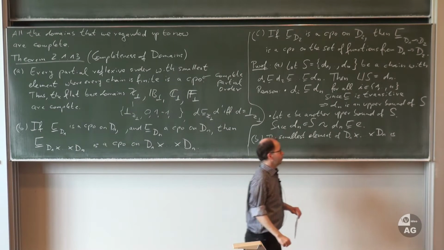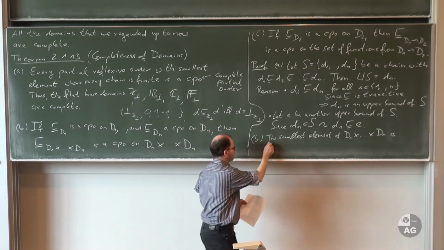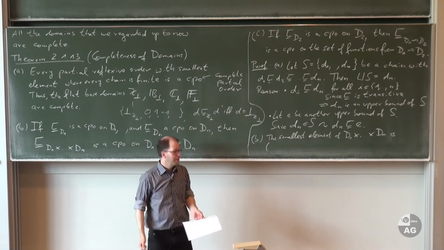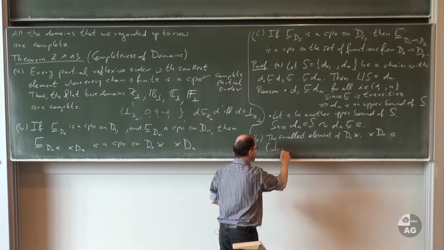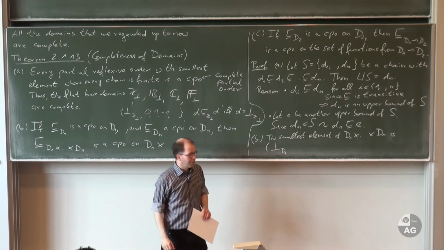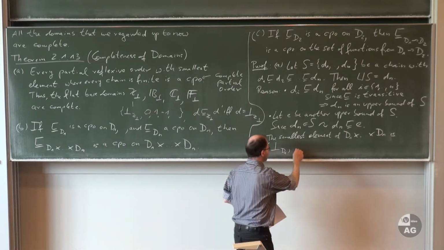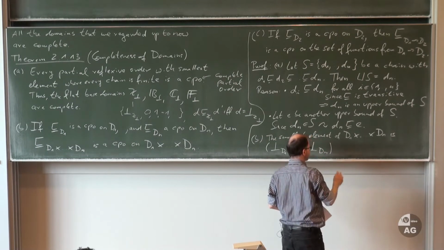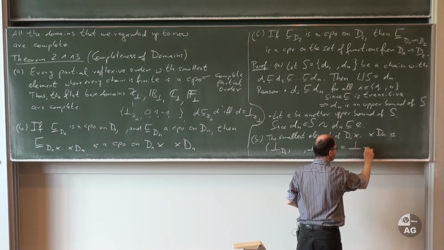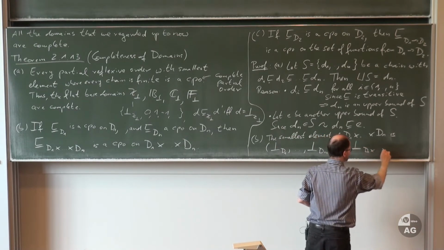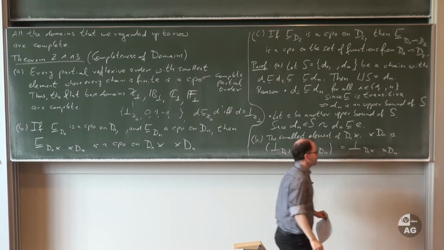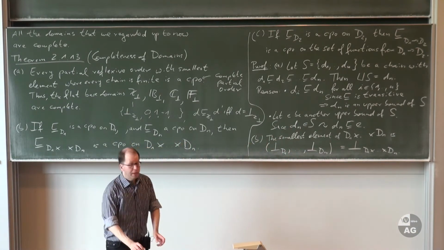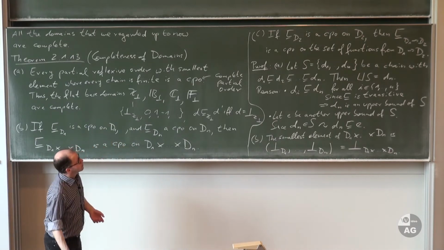Well, it must be a tuple with n components, and since the tuples are compared component-wise, this will be the tuple which has the smallest element of D1 in the first component and the smallest element of Dn in the last component. So this is the smallest element of D1 cross ... cross Dn. And so there is the smallest element, and that's easy to see.